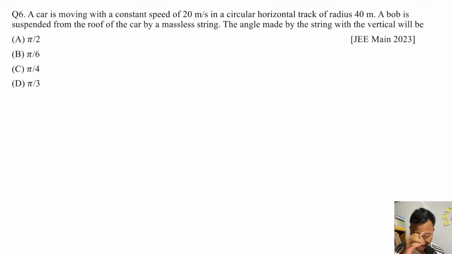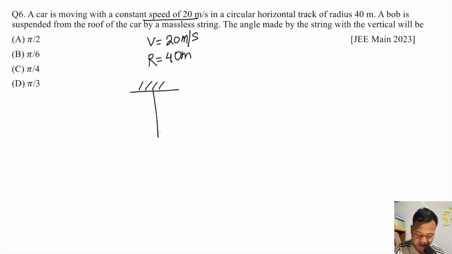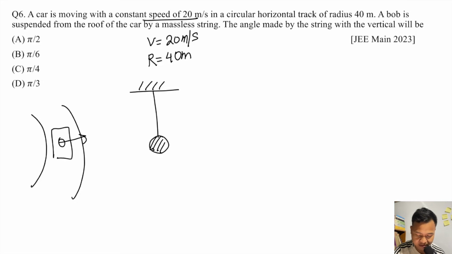Next, a car is moving with a constant velocity of 20 meter per second on a circular track. The speed v is given as 20 meter per second, and the radius is 40 meters. A bob is suspended from the roof of the car by a massless string, like a pendulum. The angle made by the string with the vertical will be what? When the car turns, your body is thrown outward, and similarly the string and the bob will be thrown outward.